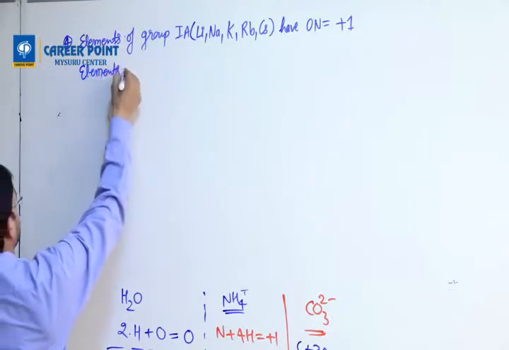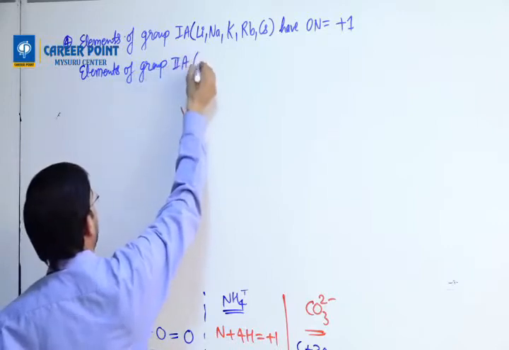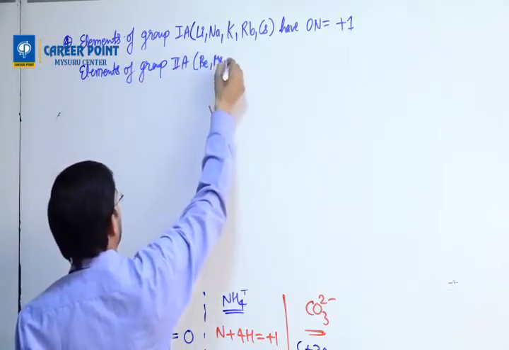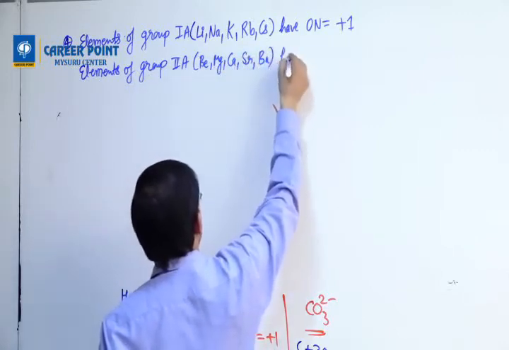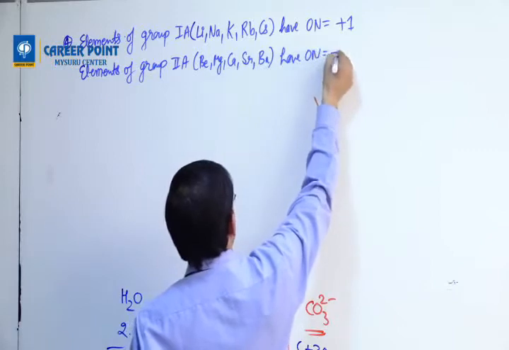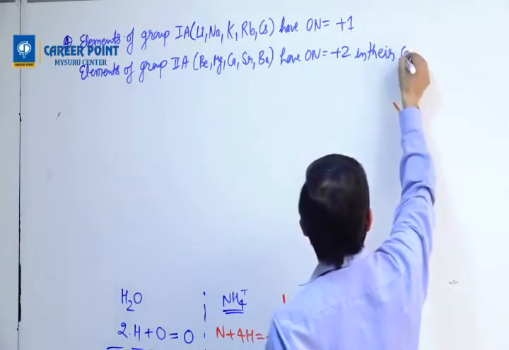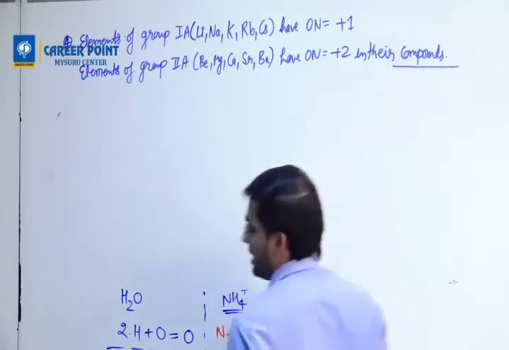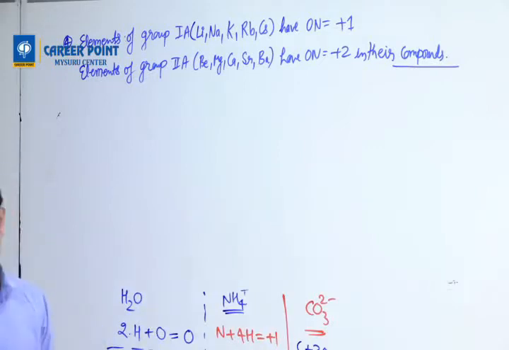Then I write one more. Elements of group second A: beryllium, magnesium, calcium, strontium and barium have oxidation number equals to +2 in their compounds. This is important: in their compounds.